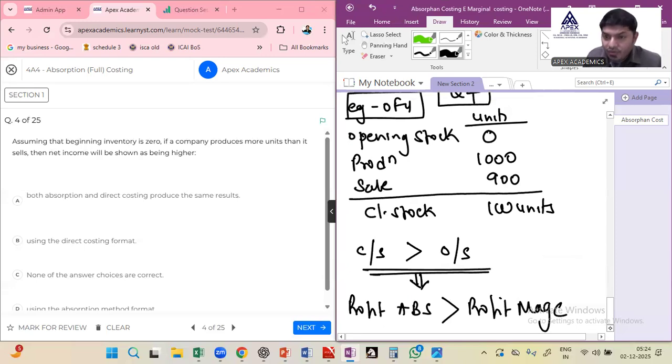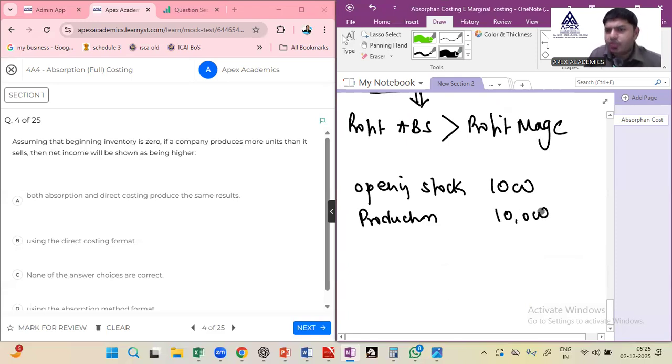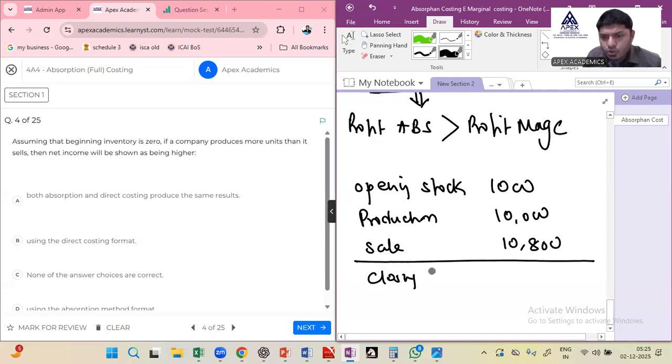However, if I was to say that my opening stock is 1,000 units, my production is 10,000 units, and my sale is 10,800 units. In this scenario, my closing stock is going to be 200 units. How?